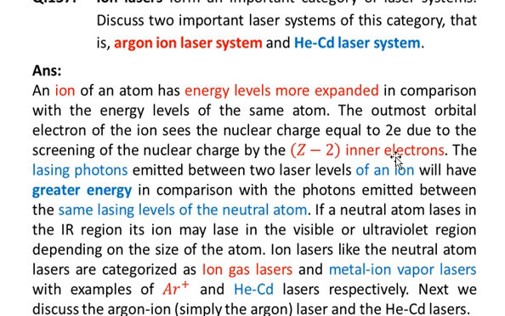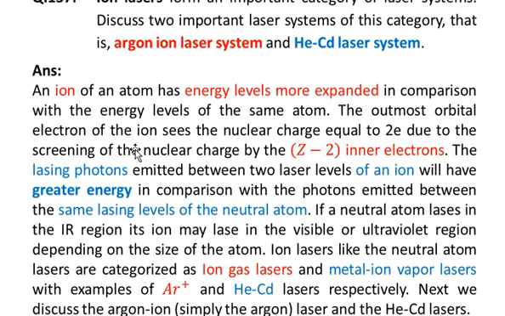You know that when the atom is ionized, one electron is removed, and now the outermost electron will see as if the nuclear charge is equal to 2e, because the rest of the Z-2 inner electrons will screen the nuclear charge.